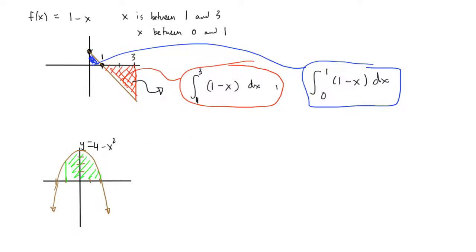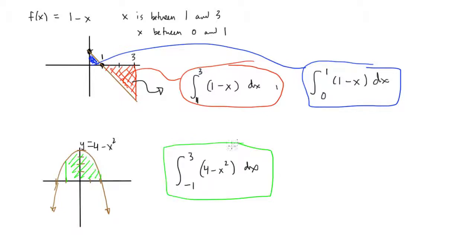Then the green stuff will have this as its net area. It'll be the integral from -1 to 3, because I started at -1 and ended at 3, and then the function is 4 minus x squared, and then I need a dx. So this integral represents the area of the green stuff.